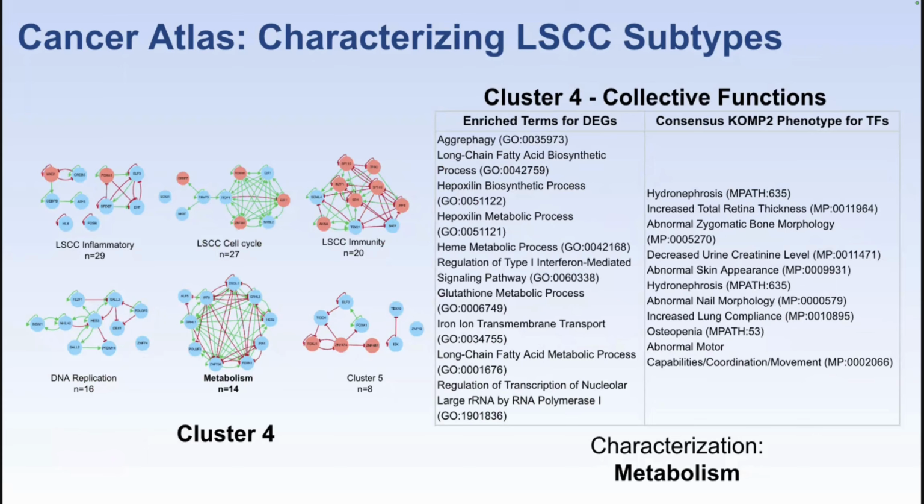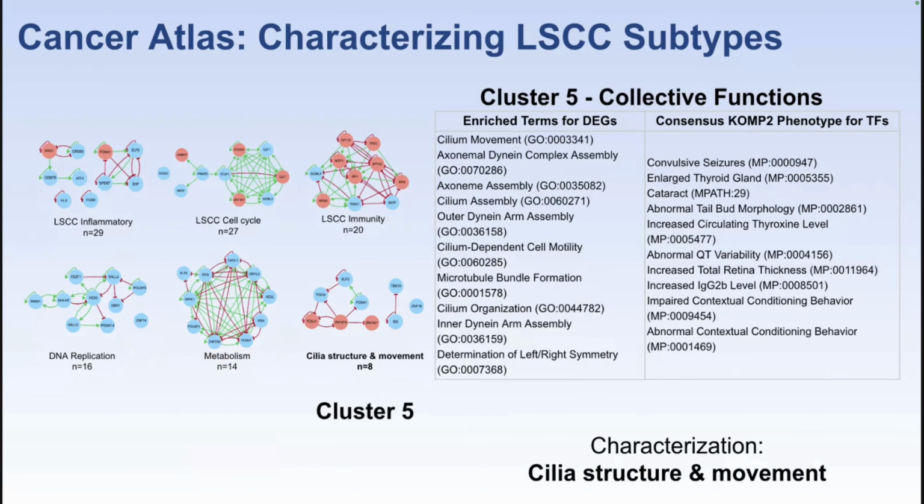And then for cluster 4, we have several metabolic pathways enriched for the upregulated genes, suggesting that the subtype has significant metabolic reprogramming, which could potentially be targeted. And then finally, for cluster 5, there are several pathways relating to cilia structure and movement, suggesting higher potential for invasion and resistance.